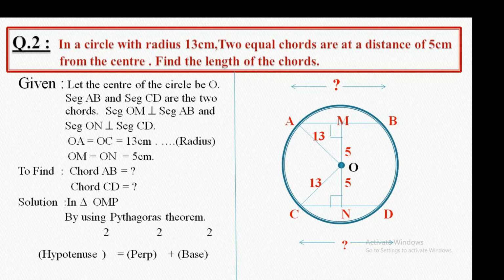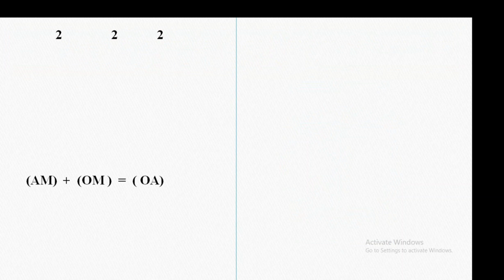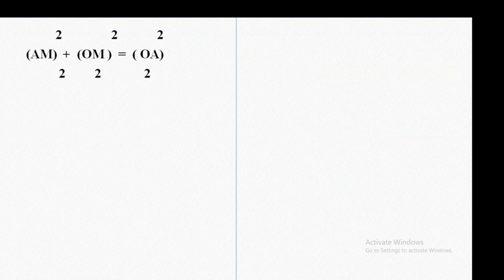Solution. Triangle is a right angle triangle, so apply the Pythagoras theorem here. Again the same formula. Hypotenuse square is equal to perpendicular square plus base square. Now after substituting the variables, AM whole square plus OM whole square is equal to OA square.